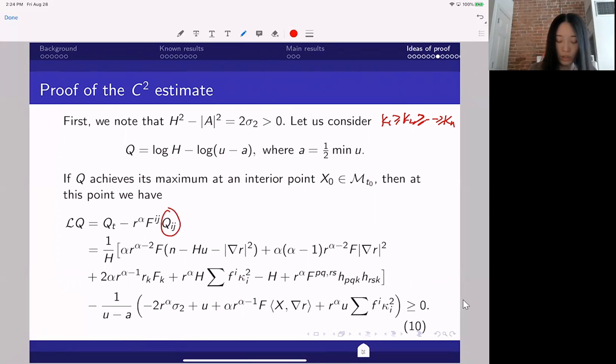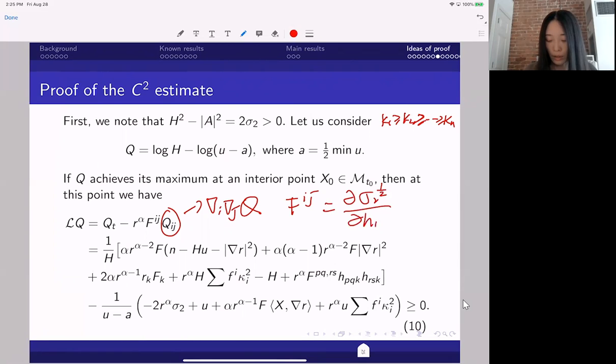This Q_{ij} is actually the gradient i, gradient j of Q, and F^{ij} is the partial of sigma 2 to the 1 over 2 with respect to h_{ij}, where h_{ij} is the second fundamental form. Then we just compute this whole thing directly, and this is the right-hand side.